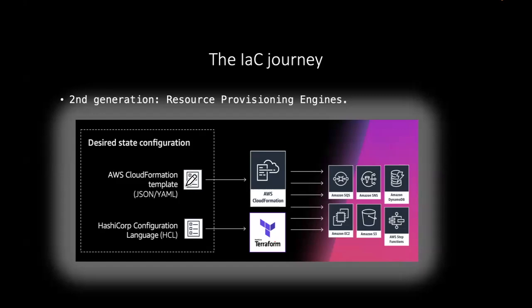But you changed this document and you gave that document now back to CloudFormation. And what CloudFormation does is it can compare this new state with the current state of your resources, and it works out what changes need to happen to the current state of your resources in order to make it consistent with the new state that you've described here.